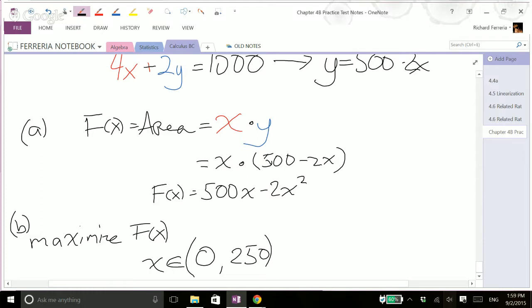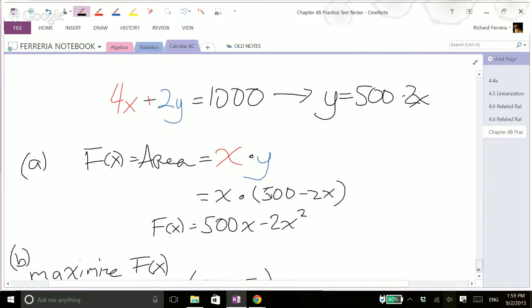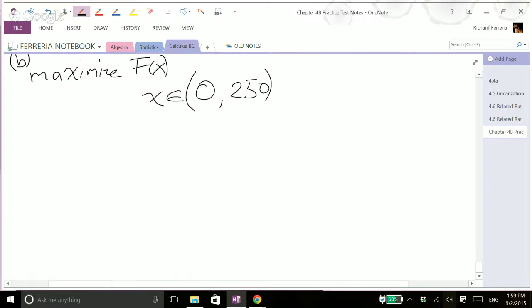Now that I have that, I should be able to use a candidate test here. Yeah, we haven't done that yet. You're right. Let's figure out our critical number. What was my equation of f? 500x minus 2x squared, f prime of x.